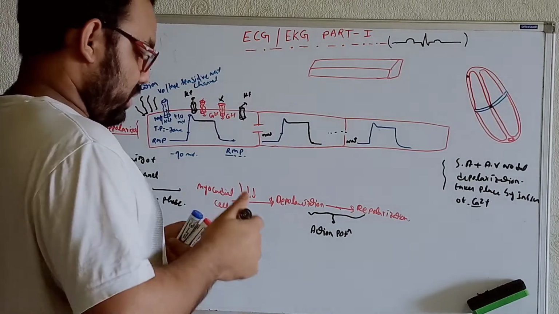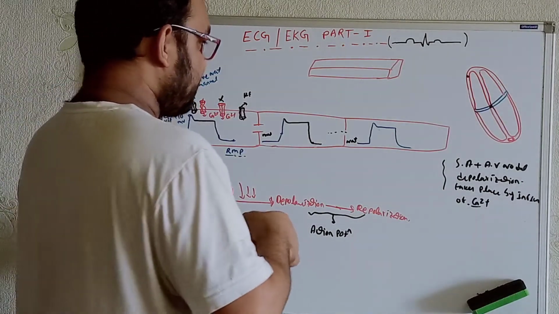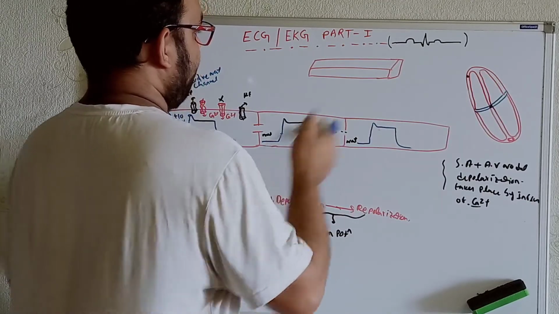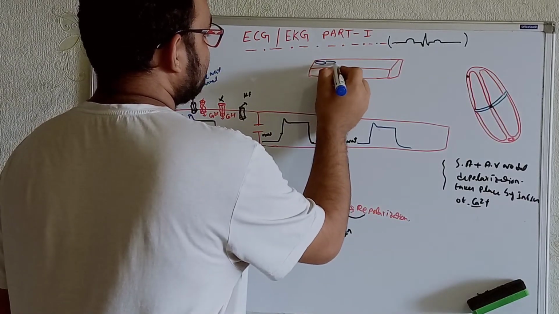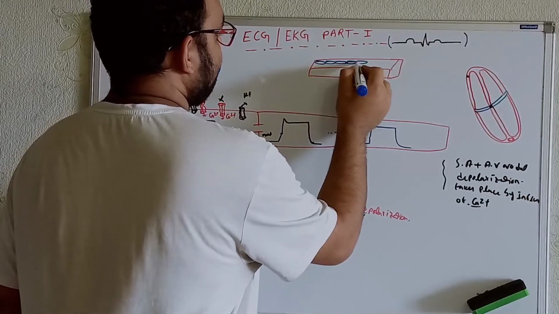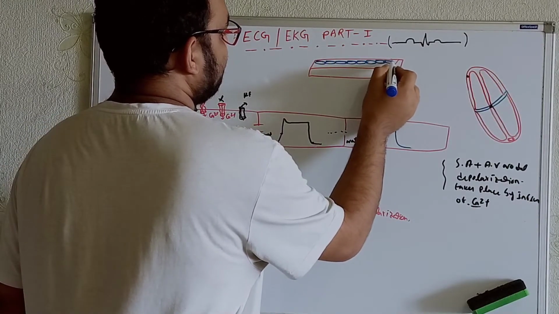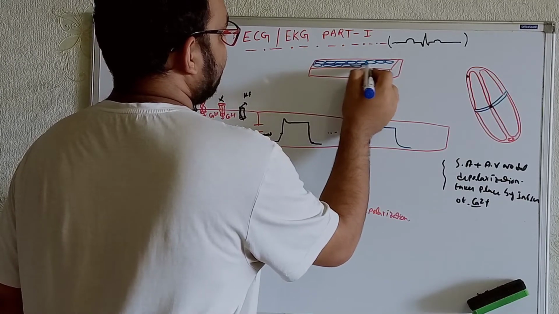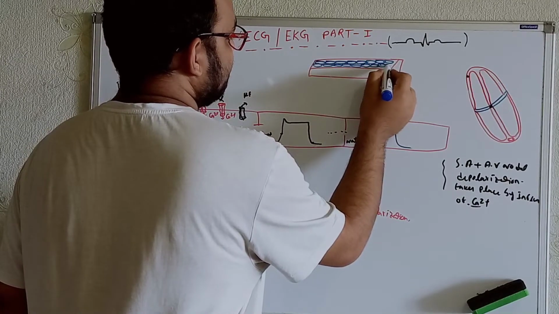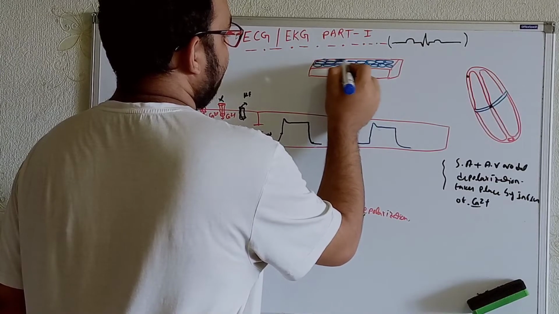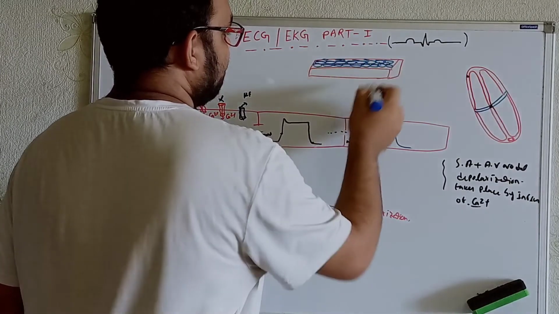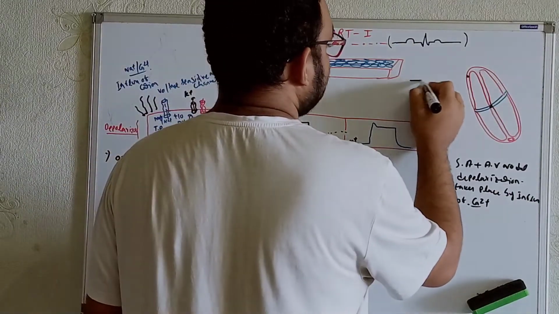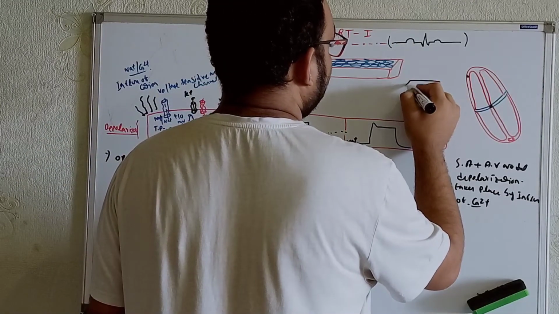As we know, we will get multiple adjacent cells, and we will get the presence of electrical windows, or gap junctions, between the adjacent cells. Now see, we'll represent the galvanometer over here.